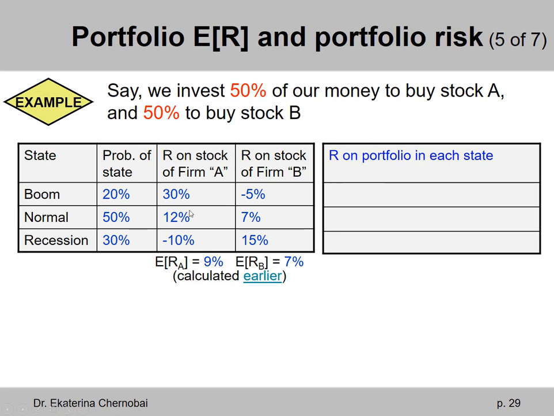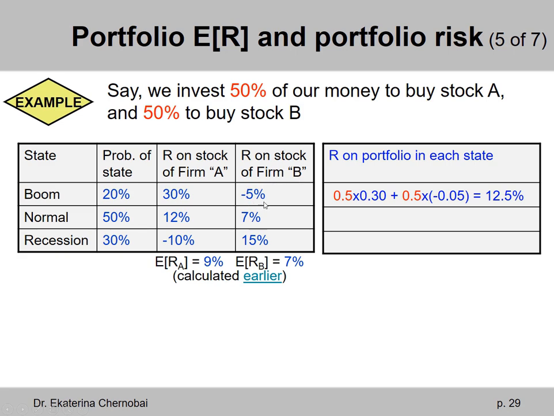How are we going to do that? So we can do the following. If we bought just stock A, we would get a 30% return in boom. But we don't spend all 100% of our money into stock A purchase, only 50%. So we're going to earn 50% of 30%. Then we don't spend all of our money on stock B either.